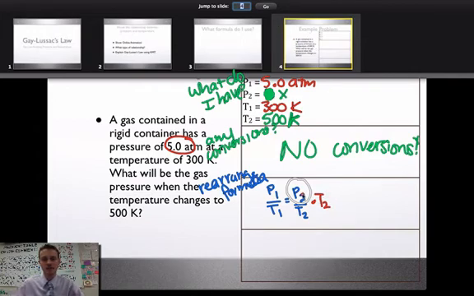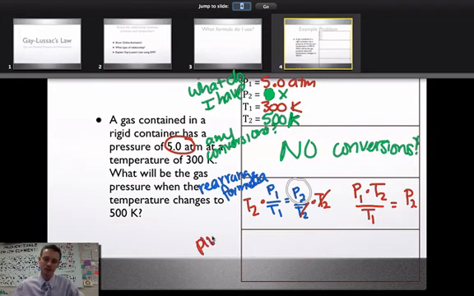To get P2 by itself, since it's divided by temperature 2, I'm going to multiply both sides by temperature 2. I am left with P1 times T2 divided by T1 equals P2. Now I know what I'm looking for, and I can easily solve for P2.